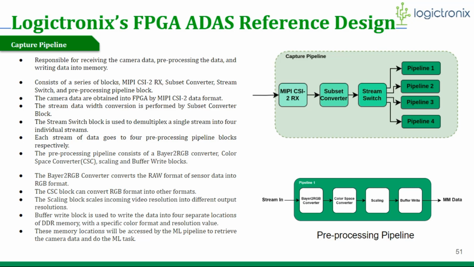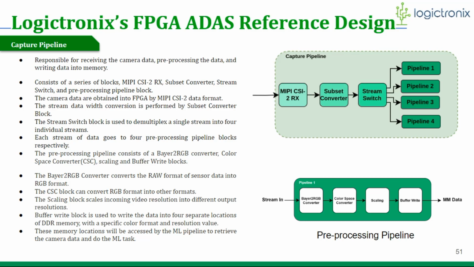These data are processed by the MIPI CSI2RX block, which then generates an AXI stream. The stream data conversion is performed by the subset converter block, which generates the proper stream width for the upcoming processing blocks. The stream switch block is used to demultiplex a single stream into 4 individual streams.